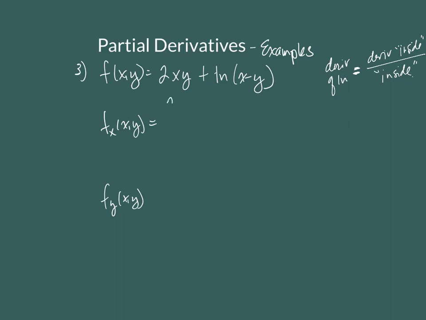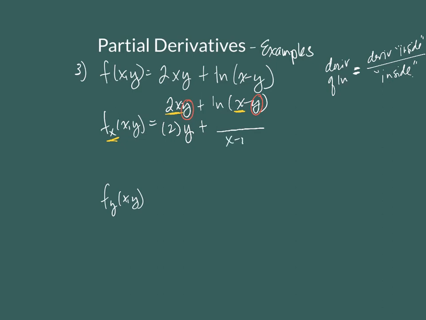Okay, so again, 2xy plus ln of x minus y. The variable of interest is x, so x, and then x here. This is a constant, and then this will be a constant. So when the variables match, the derivative of 2x is 2. Just rewrite the constant, plus, here's where our rule for the derivative of the logarithm comes in. The derivative of the inside over the inside.